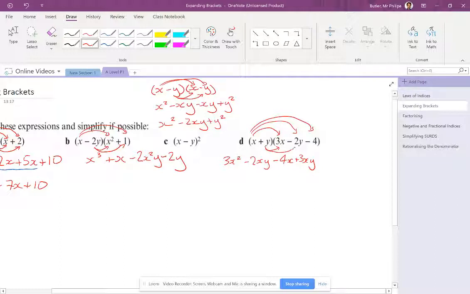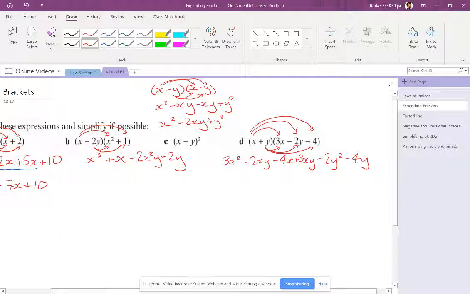Then y times minus 2y is minus 2y squared. And y times minus 4 is minus 4y.